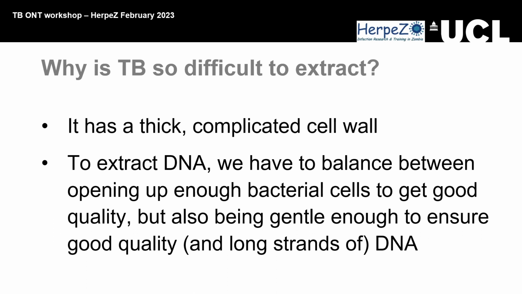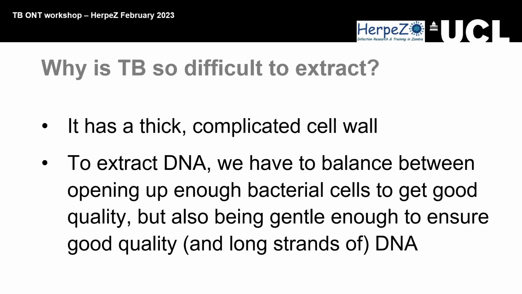To extract DNA, we have to balance between opening up enough cells and getting longer reads. So we have to be gentle enough to not break the strands and still get good quality DNA.